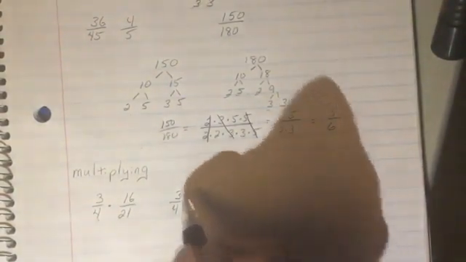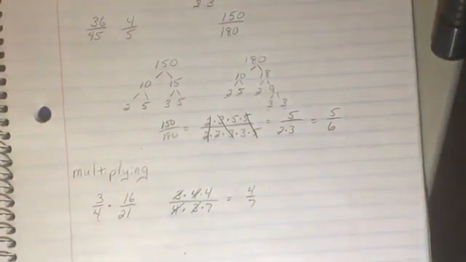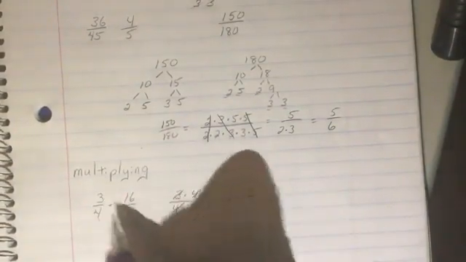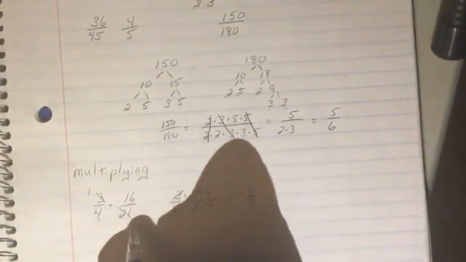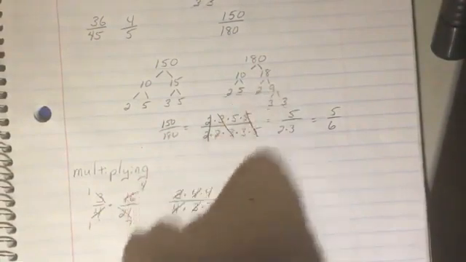Well, I can cancel the 3's, and I canceled the 4's, and what do I have left? 4 sevenths. Some of you have been taught, and it confuses students, like, what do they mean by crisscross? The crisscross is, I already know I can divide 3 by 3 and get a 1, or 21 by 3 and get a 7. 4 divided by 4 is 1, and 16 divided by 4 is 4.